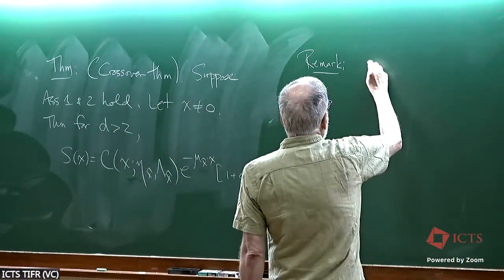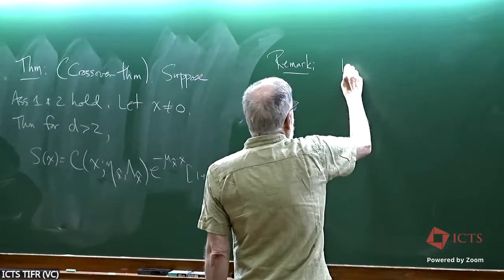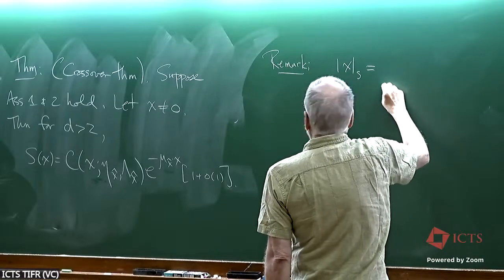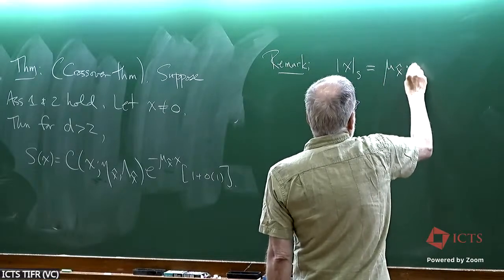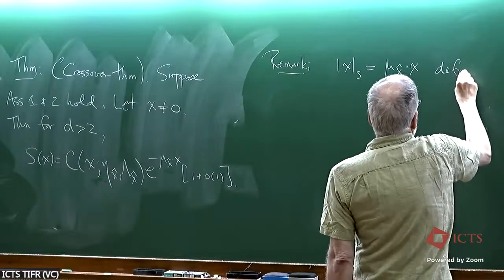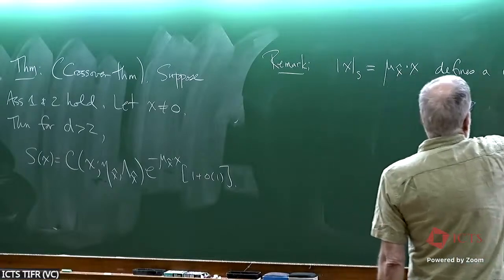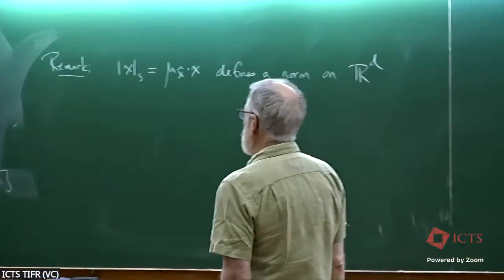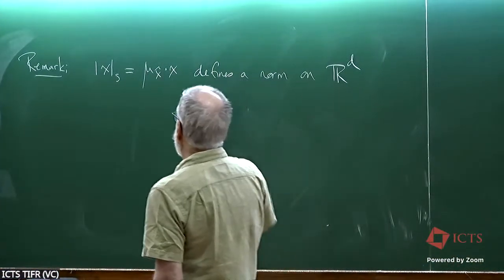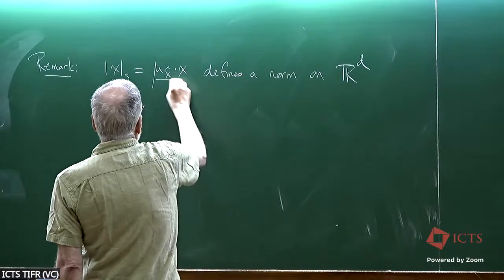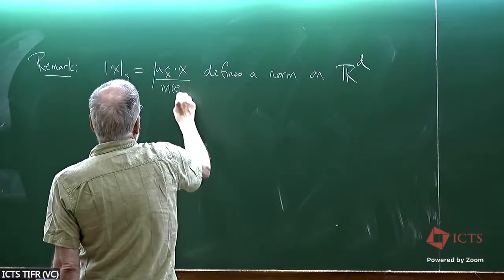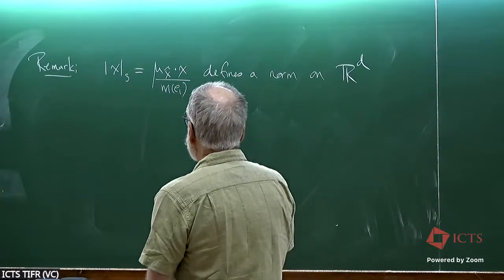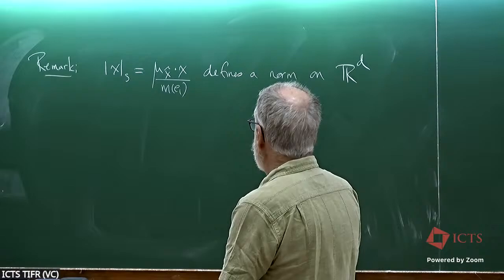So if we define ‖x‖_S equals μ x̂ · x, this defines a norm on R^d. And actually, I want to divide by m of E1 just to normalize it. So this defines a norm on R^d.